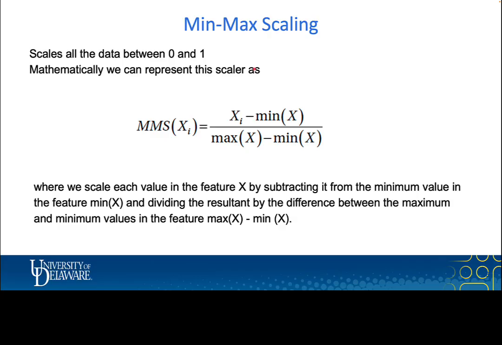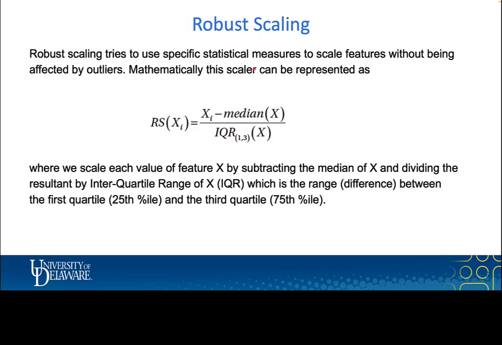The last scaling method we will review is called robust scaling. The disadvantage of min-max scaling is that often the presence of outliers affects the scale values for any feature. Robust scaling tries to use specific statistical measures to scale features without being affected by outliers.